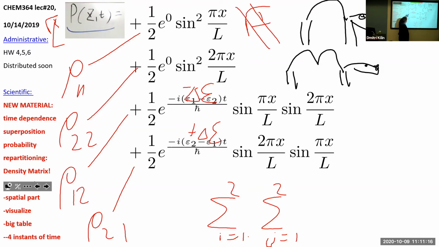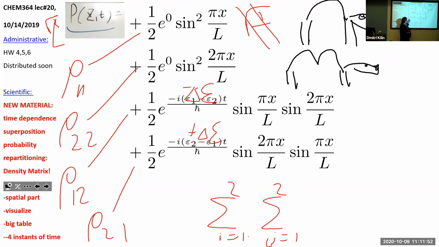So initial coefficients, time dependence, E1 minus E2, and we can call it delta E with a minus sign because E2 is bigger than E1, and spatial dependence. Then another cross element: initial conditions, time dependence. Here we have E2 minus E1, which will be positive, and then spatial dependence. And here it is symmetric. If it is not quantum operators but functions, we can do old school swapping, no problem.